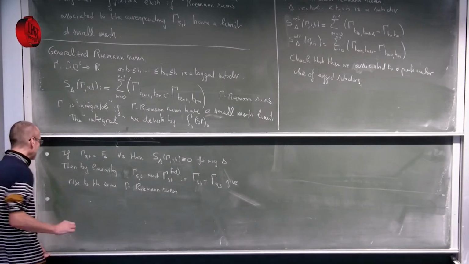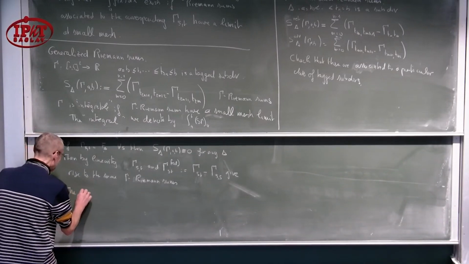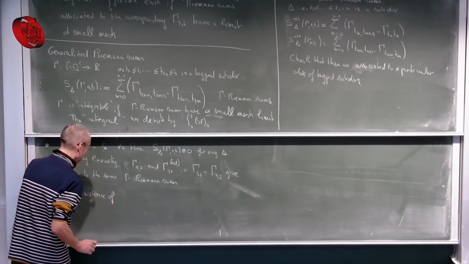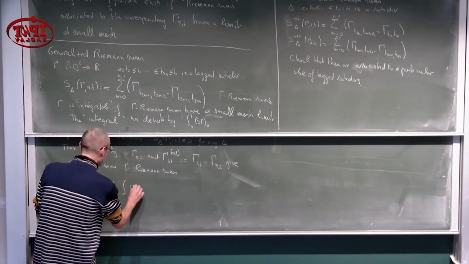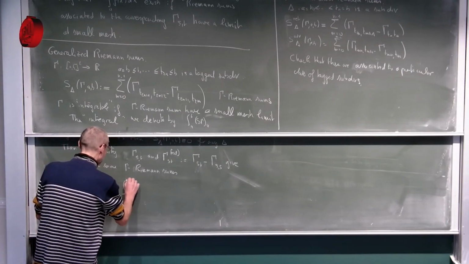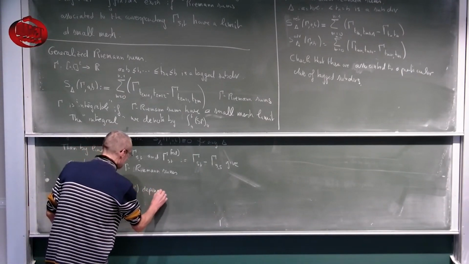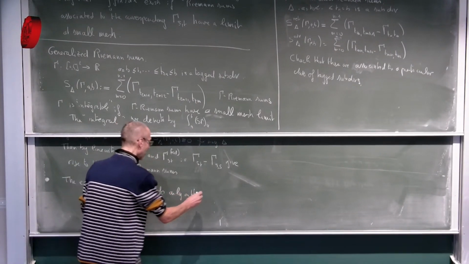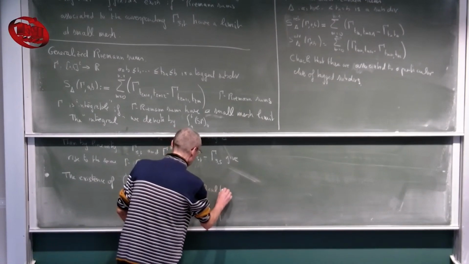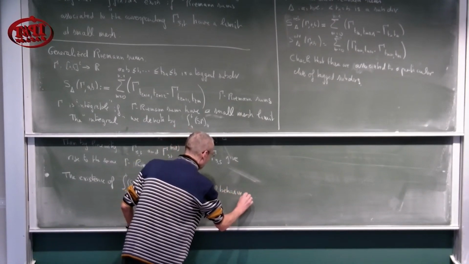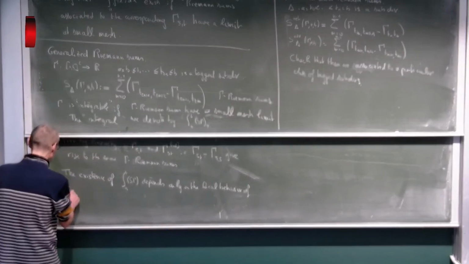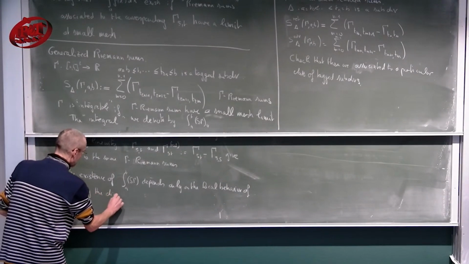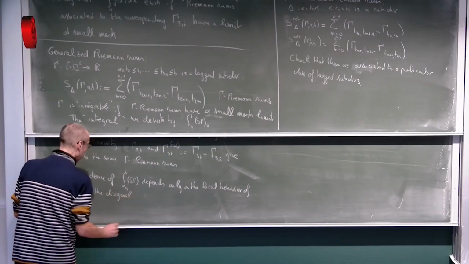He said the following: the existence of the integral depends only on the local behavior of gamma along the diagonal.